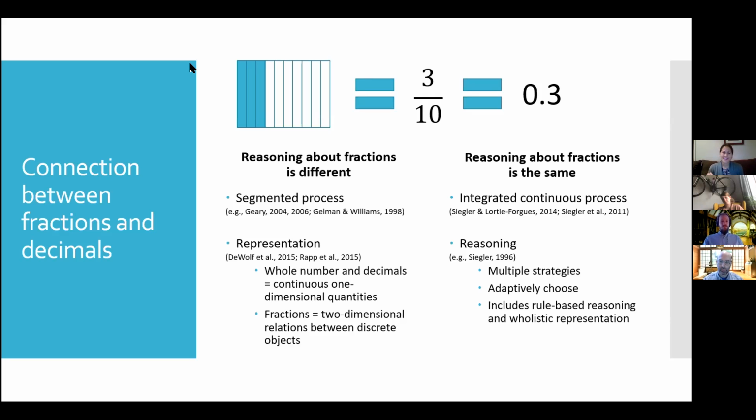Focusing on reasoning and not just representation, children and adults reason about different kinds of magnitudes using multiple strategies, including rule-based reasoning, so how do these numbers work, and holistic representations. You would adaptively choose a strategy based on mental effort, what is the most efficient way to solve this problem.